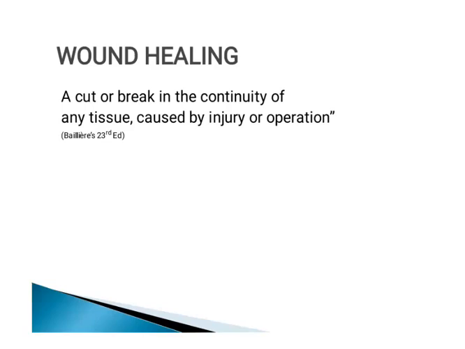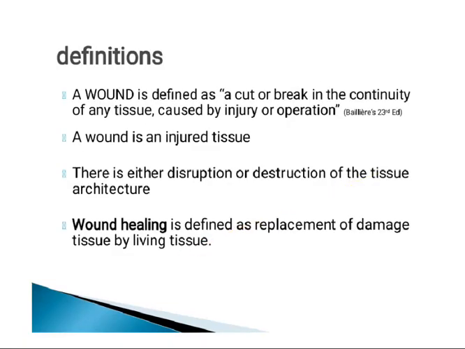Wound healing is basically a cut or a break. A wound is a cut or break in the continuity of any tissue caused by an injury or operation. And like I said, a wound is basically an injured tissue, and there is either a disruption or destruction of the tissue architecture.